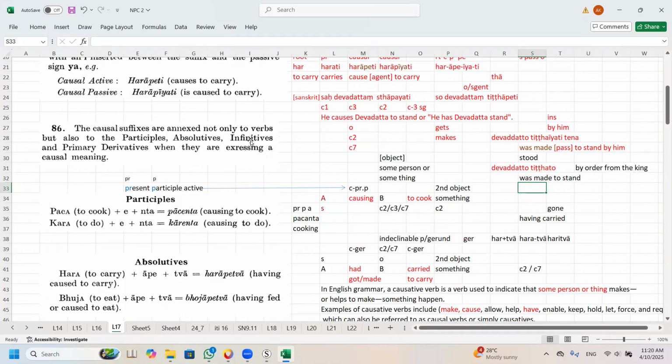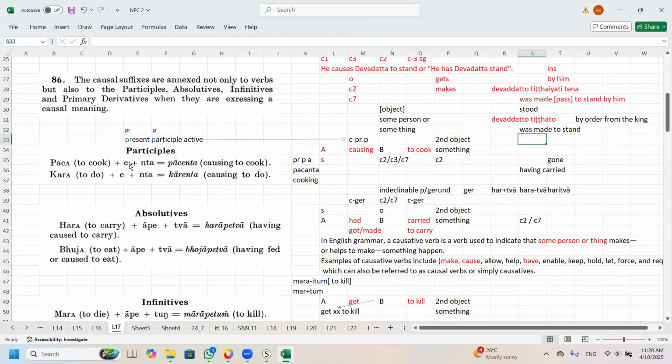This is infinitive and primary derivative. So all of these they call causal suffix. NTA is considered a causal suffix. Pach plus A plus NTA: Pacinta. So do you know this? Karenta. So this is a gerund. So gerund.